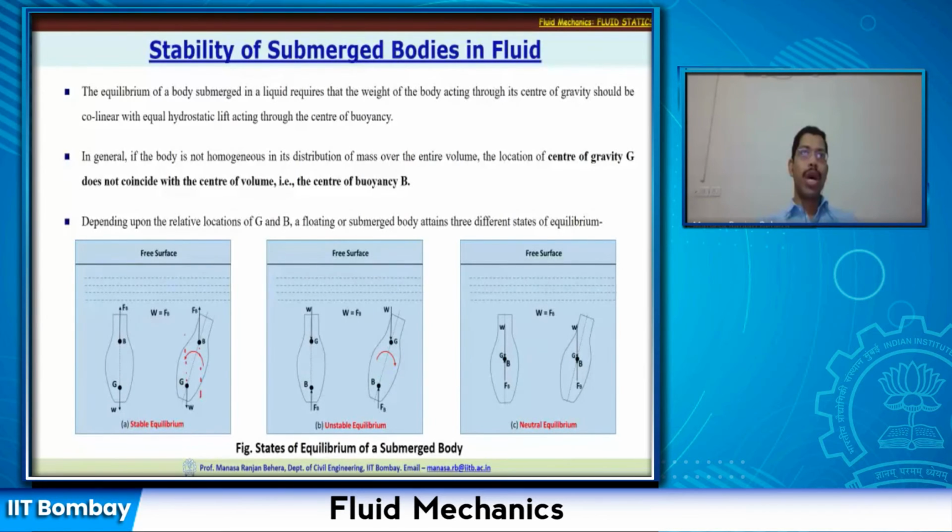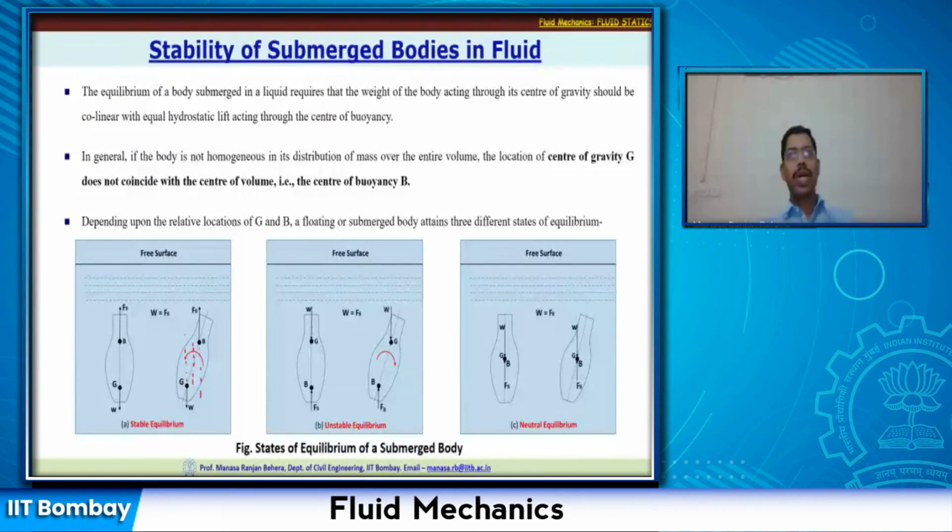They are going to generate a moment in the anticlockwise direction because Fb is acting upward. So about the center line, it will create an anticlockwise moment, which is trying to restore the body to its initial position. So the initial position is going to be achieved even if you displace the body, and the body is again in equilibrium. That's where we call this system stable equilibrium.